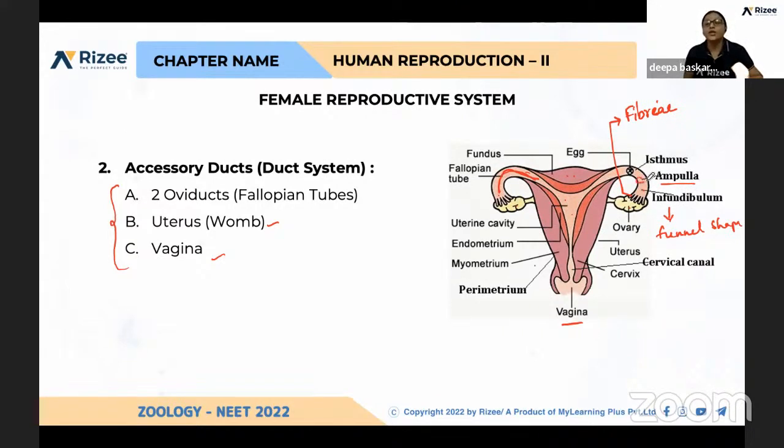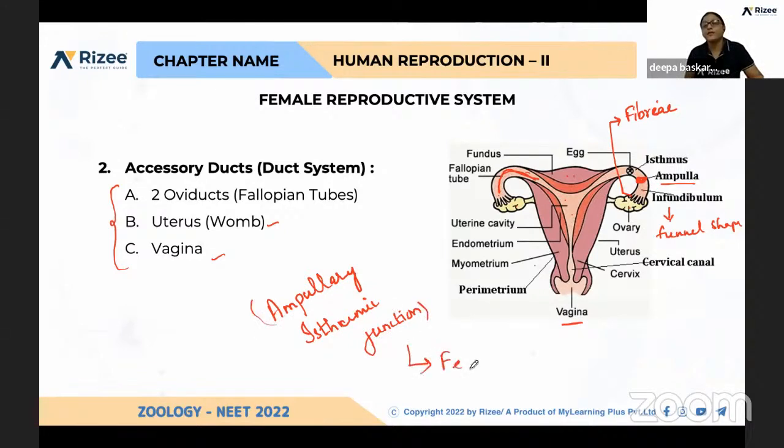A question you will definitely get: fertilization, that is fusion of male and female gametes, takes place in this ampulla. Generally it is called the ampullary isthmic junction. So this is the spot where fertilization is happening.